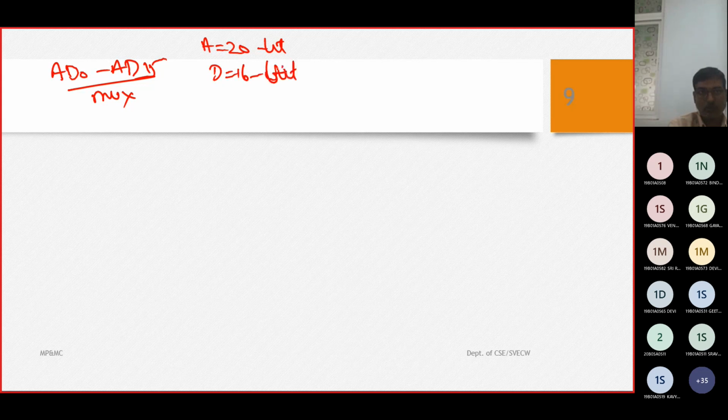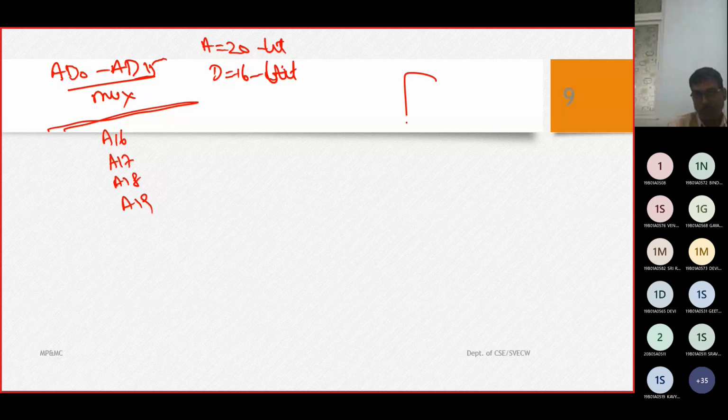Now what are we going to do? 16 and 16 are common, so the first 16 we made. Then who is pending? Pending were A16, A17, A18, A19. For these items, we are having select lines.